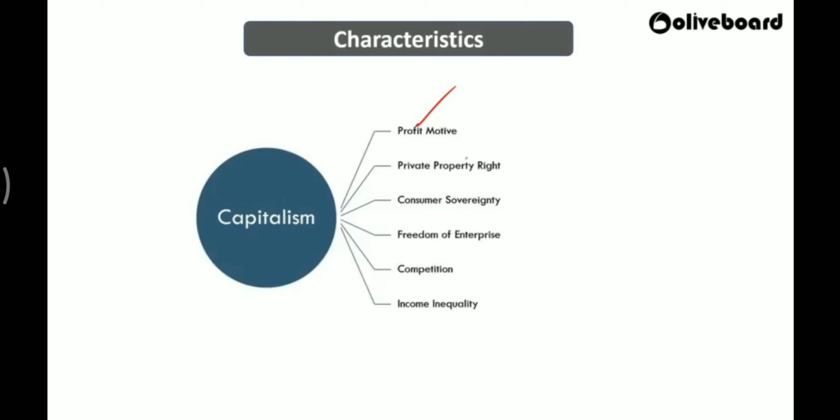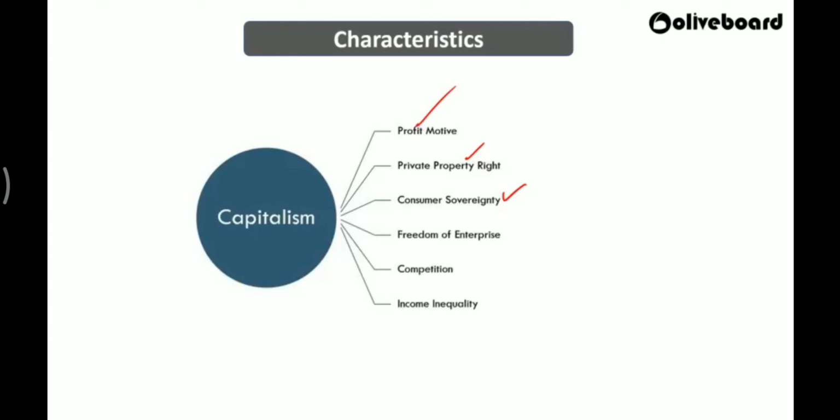Next, private property. Yes, everything is owned by whom? The private capitalist. All the factories, all the industries, all the factors of production. Everything is carried out by private individuals. Government will play a very, very minimal role under capitalism. Next, consumer sovereignty, guys. Sovereignty means they have freedom, they have power.